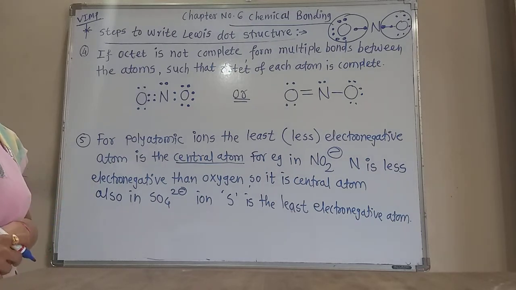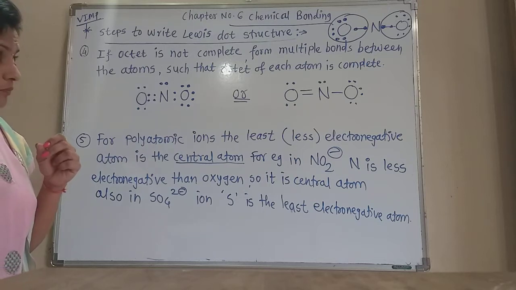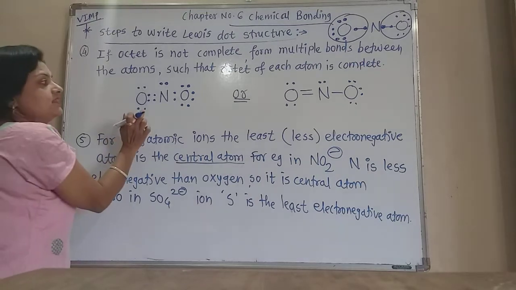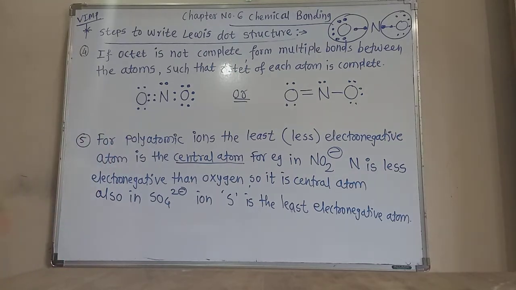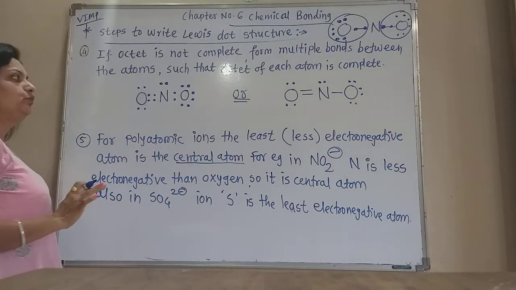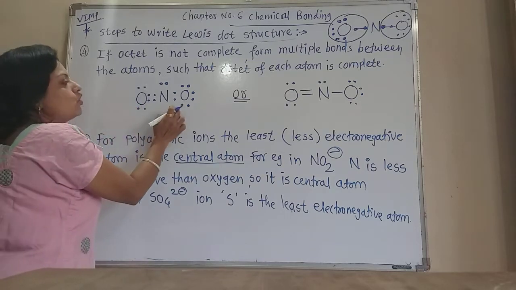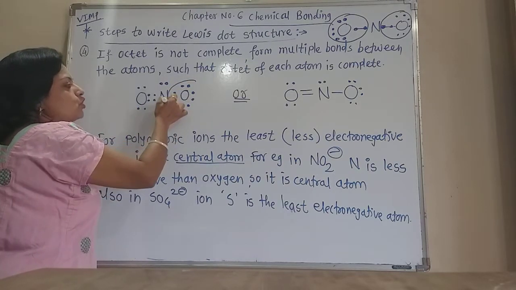So 4 electrons have to remain there. Then how do we show that? For such a case you add 1 bond or 2 bonds between the atoms. Now see here, this is the structure of the nitrate ion. Total 18 electrons we have to show. In this structure, this oxygen completed its octet.